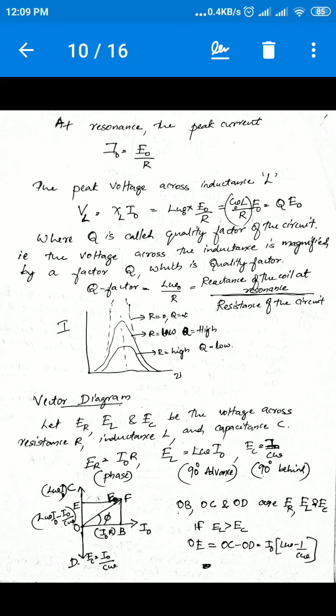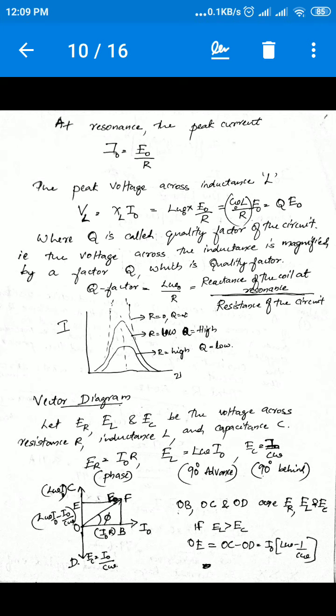So quality factor is just the factor which is multiplied to the maximum voltage to get the voltage across the inductor in that LCR circuit. That is L omega 0 by R. L omega 0 is the reactance of the coil at resonance, and R is the resistance of the circuit. So it is the reactance of the coil at resonance divided by the resistance of the circuit.